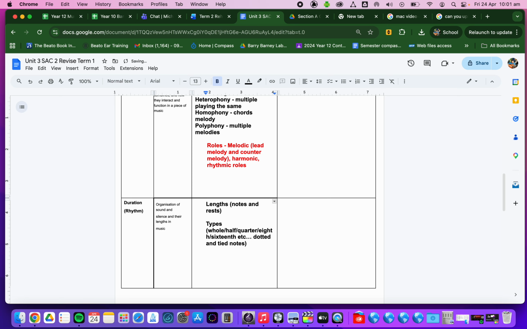You can also talk about accents and stops. Syncopation is a good word for describing rhythm.